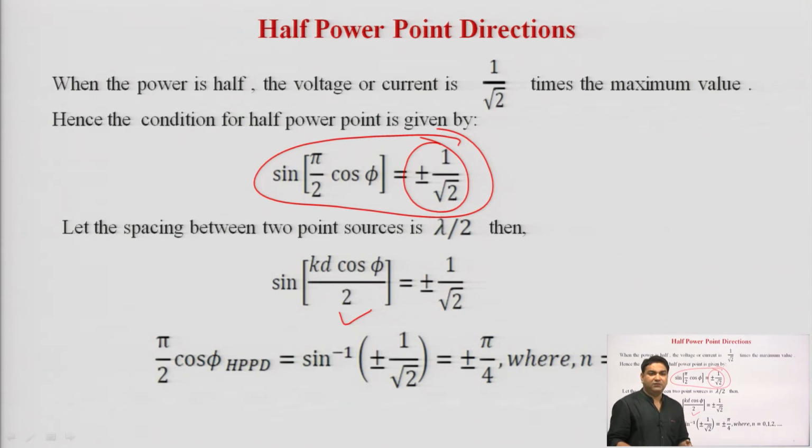So, simply we get the half power point directions as plus minus pi by 4.